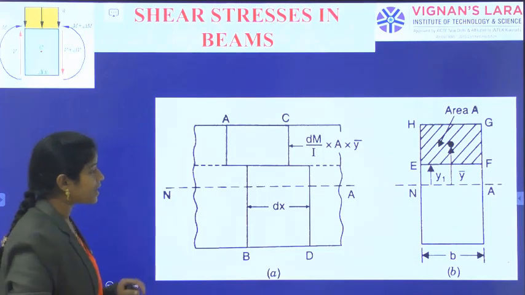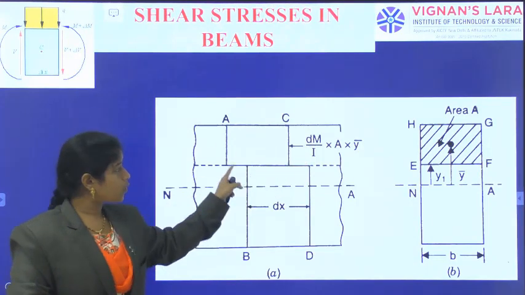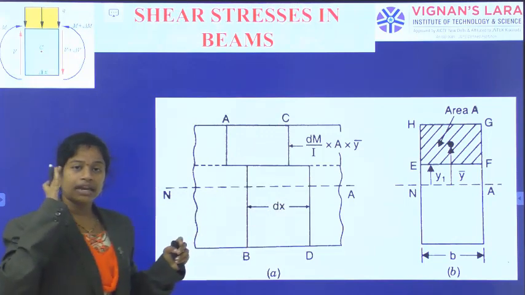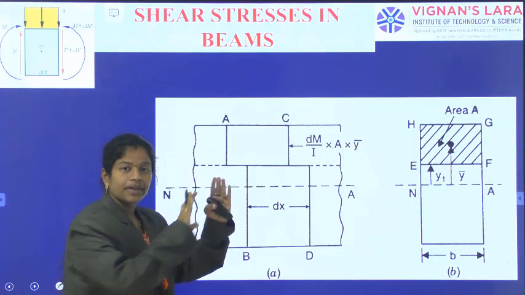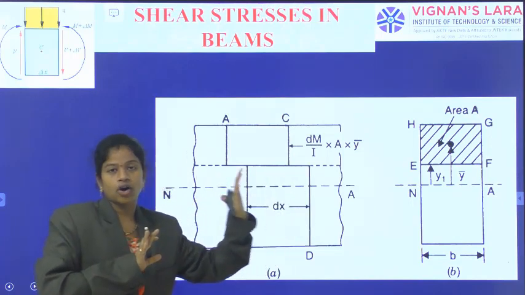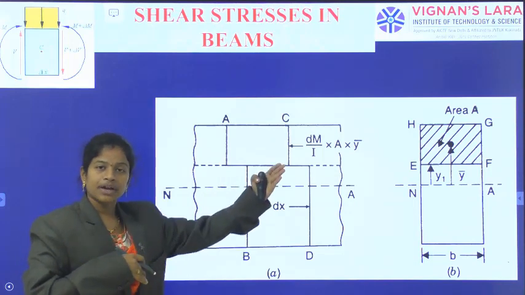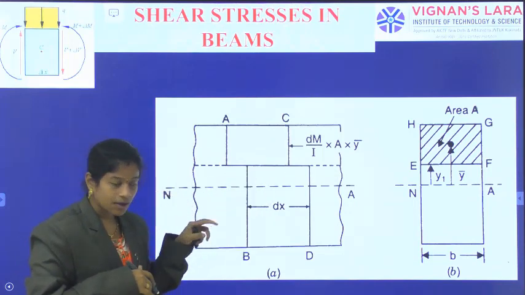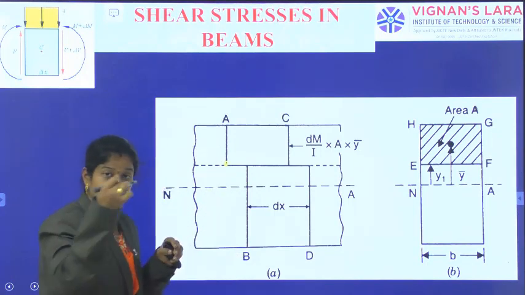So what is this y bar and what is this A, and what is happening? This is the only thing we have said. When I am pushing with one force on the section AB and some other force is acting on the section CD, the net force will cause the body to move in the opposite direction. Now I am considering that at this level the EF line is there, right?